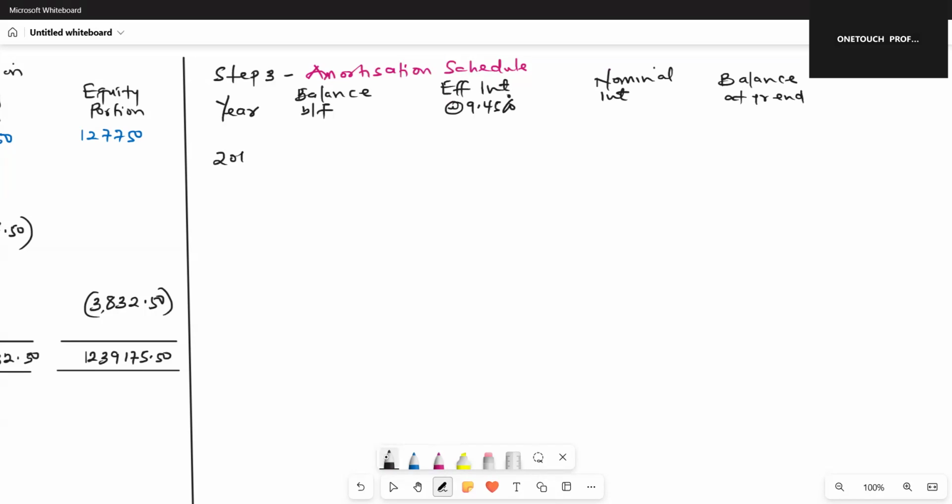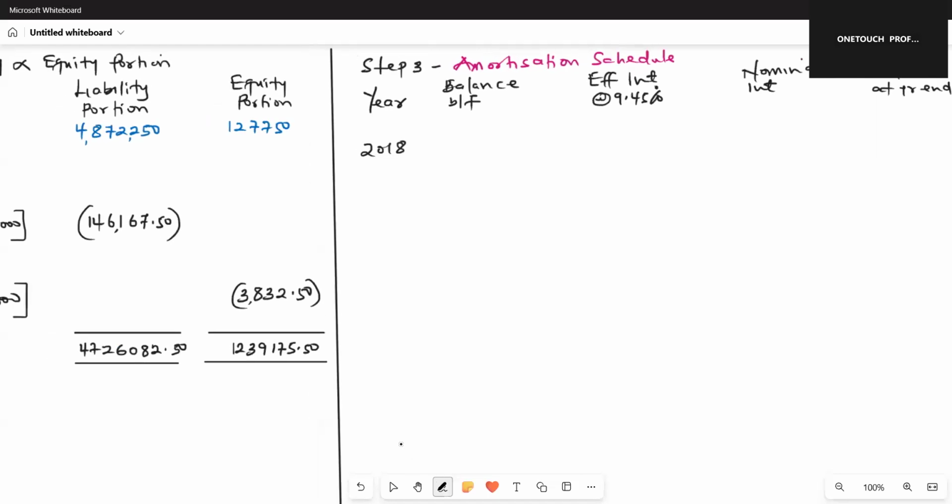Let's see. We are dealing with 2018, that is September 2018. So what's the balance at start? The revised figure for the liability. That will be 4726082.5. So 9.45% of the balance at start. How much?